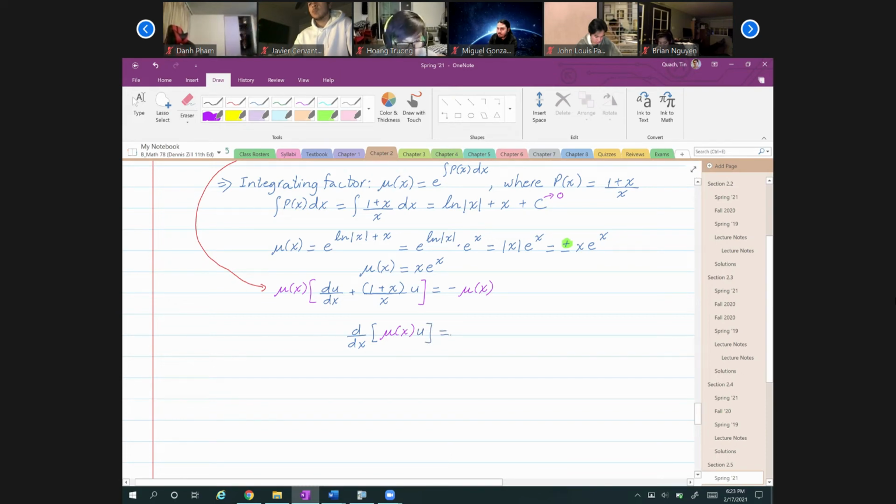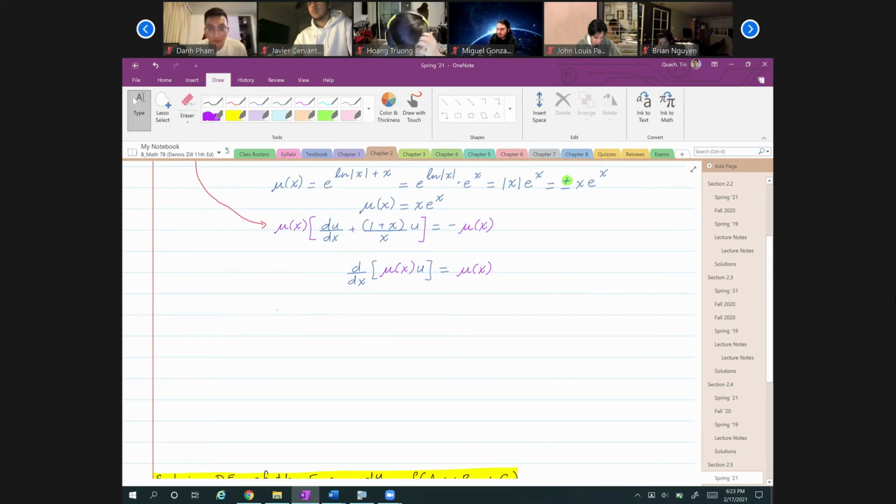And on the right-hand side, you have -mu of x. And then you just integrate both sides with respect to x. Let me just write.